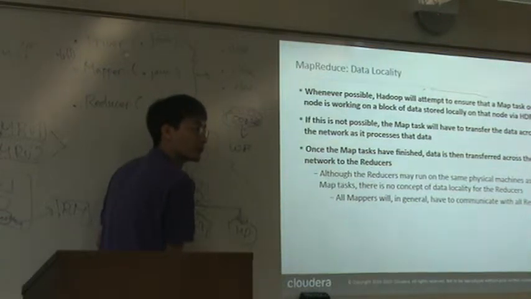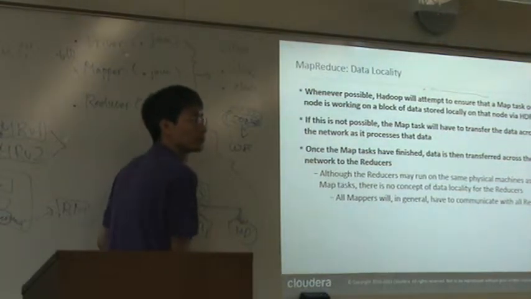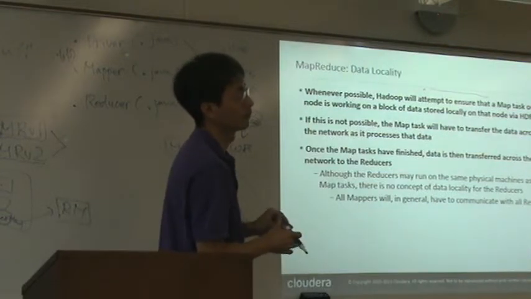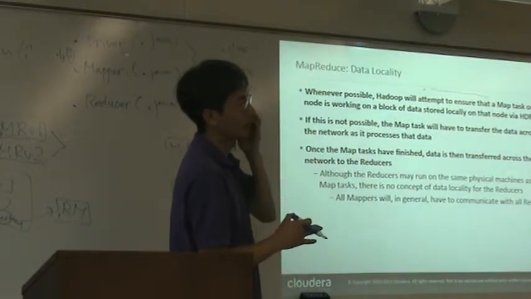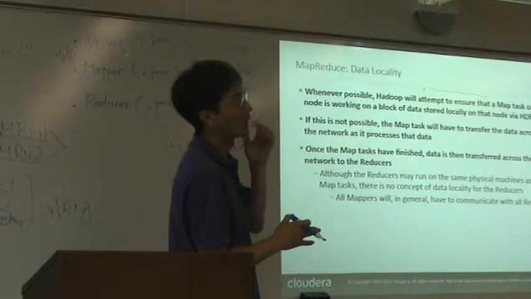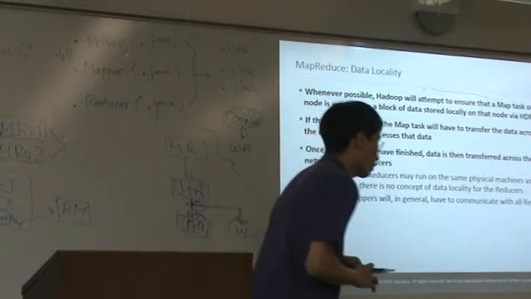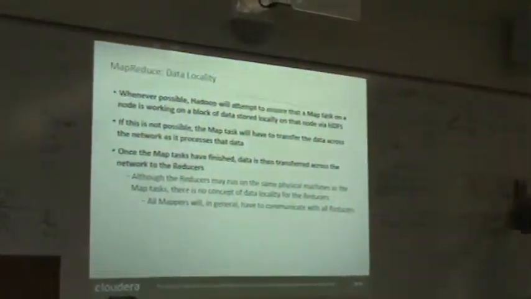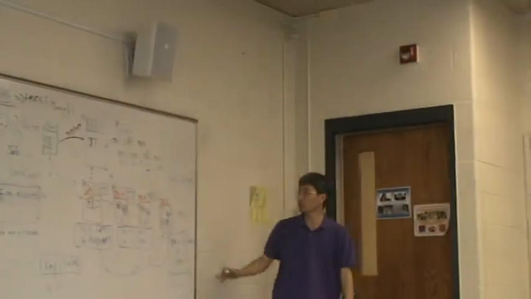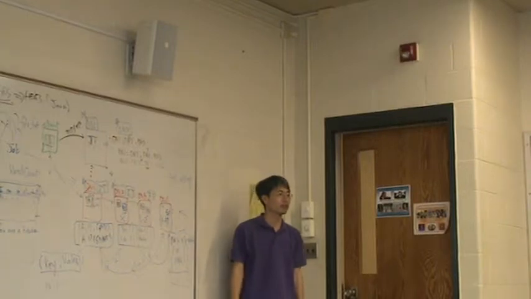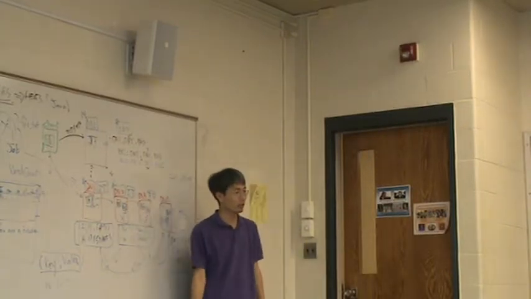But what about when many clients are reading from the same file, and one mapper hasn't finished yet while other mappers finish? So the client cannot read the data, right? It has to be locked or something. No, you can read as many jobs as possible because it's read-only data.